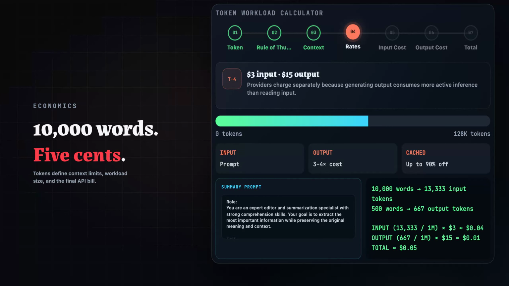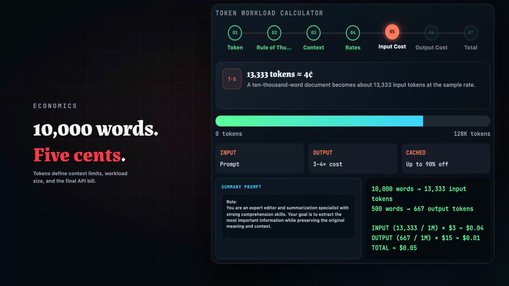Let's calculate a real prompt cost using standard API rates of $3 per million input tokens and $15 per million output tokens. For a 10,000-word document, that is roughly 13,333 input tokens.